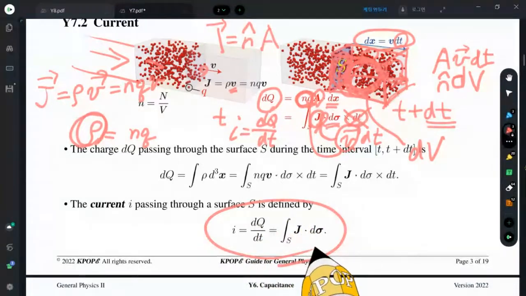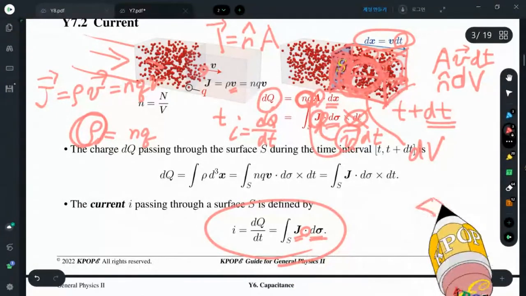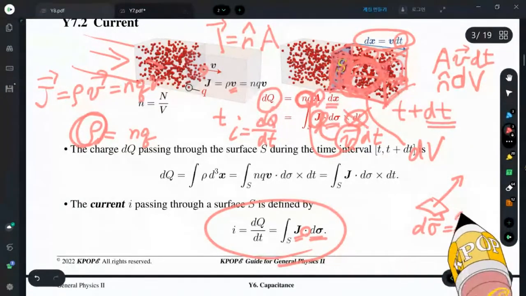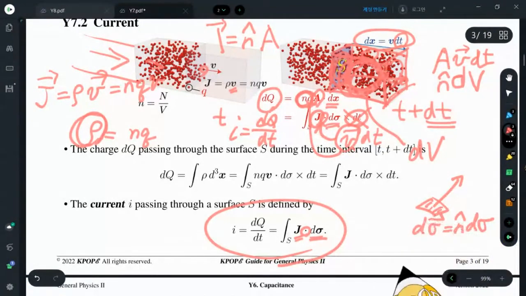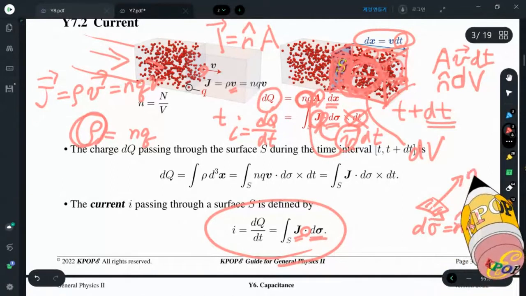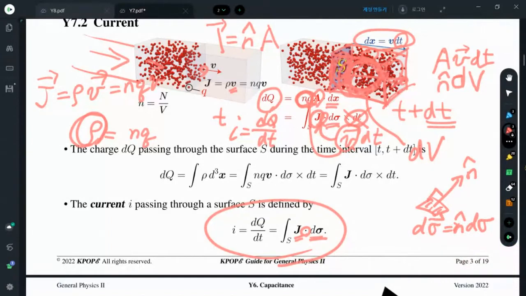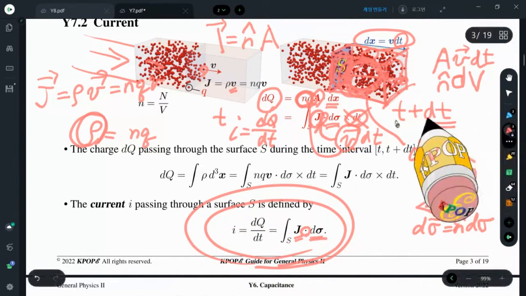Current can always be computed by integrating the current density over a surface with the scalar product, where d sigma is a vector whose magnitude is the area of this small surface, and n hat is the unit vector that is perpendicular to this surface. So you have to remember it very well.